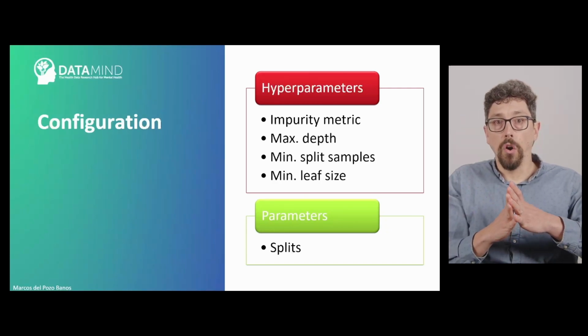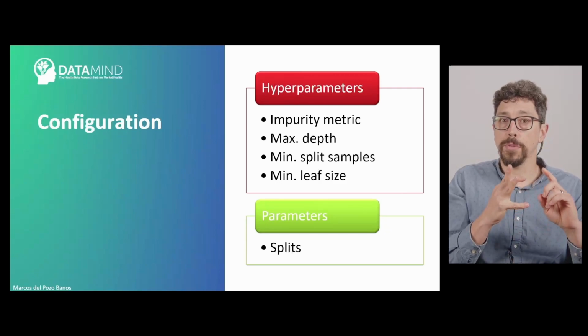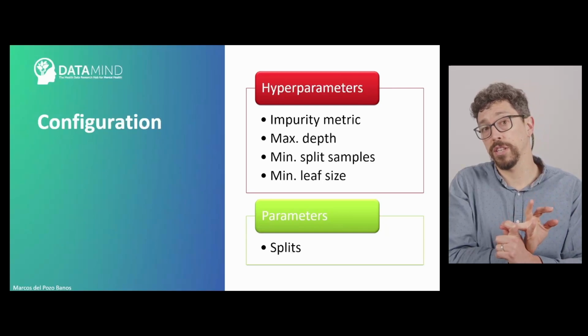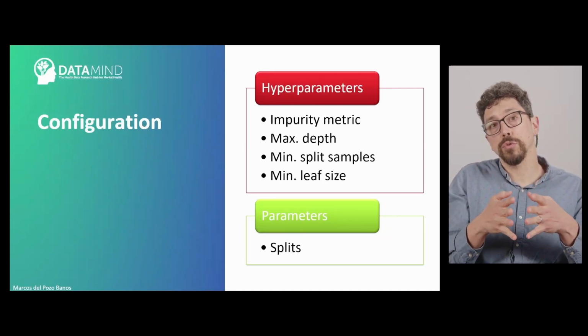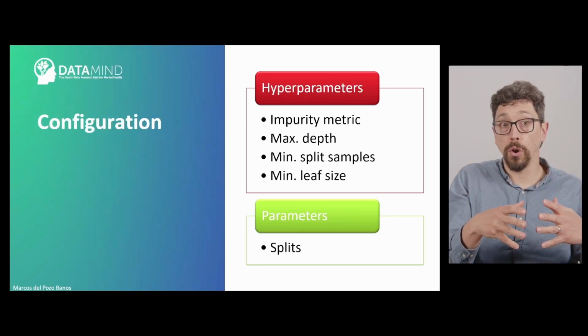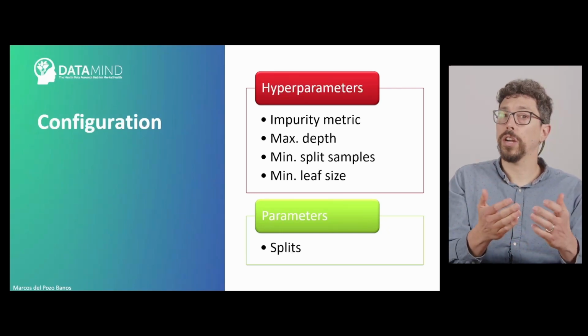And again, the last three, the maximum depth, the minimum number of samples for a split and the minimum number of samples in a leaf, are all geared towards avoiding the tree overfitting during training.